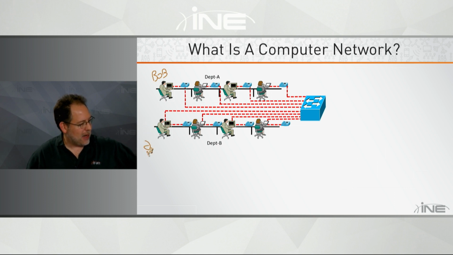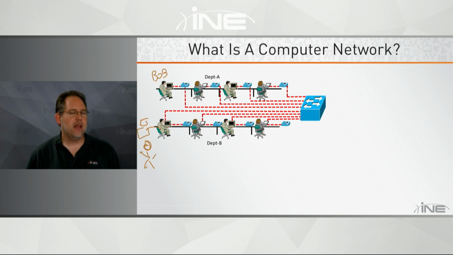So let's say this is Bob right there, real happy guy, and he's going to connect his laptop or his computer to this network. That would mean that Bob would have to disconnect from that first network cable, and while he's disconnected, no emails, no web browsing, no instant messaging, he is disconnected from the network. He'd have to walk his computer over to Department B and connect it to a cable in that department.